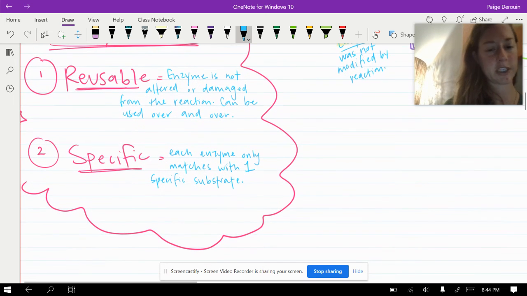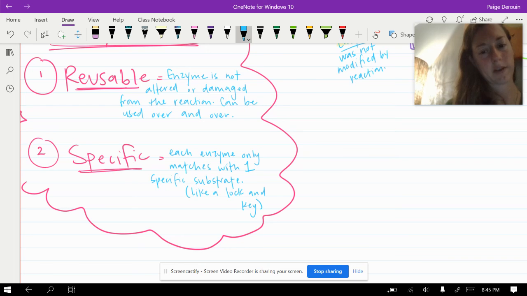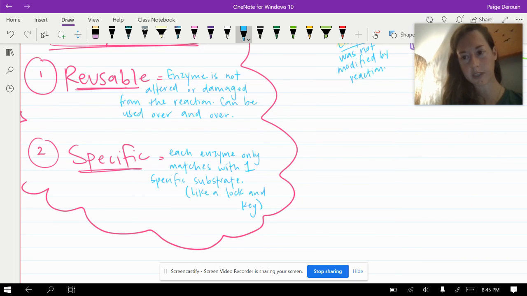You can think about this like a lock and key. One specific lock has one specific key. And that's how it is with enzymes too. So lactase can only modify lactose. It can't modify sucrose. It only can work on lactose. And we're going to see that in our lab too this week.